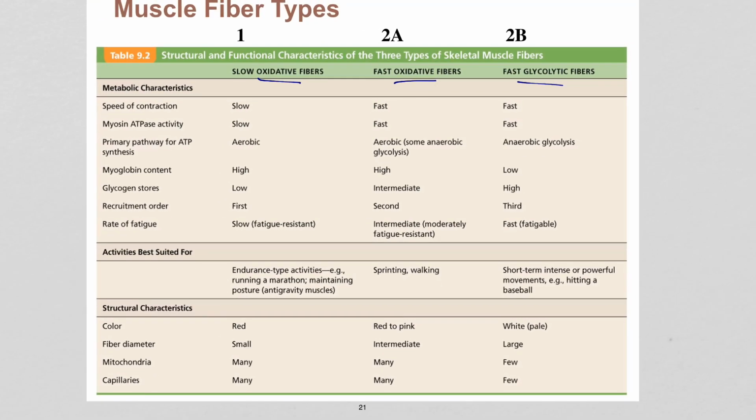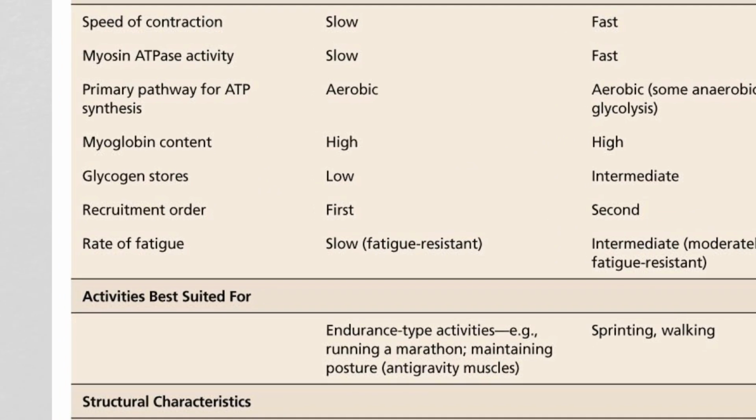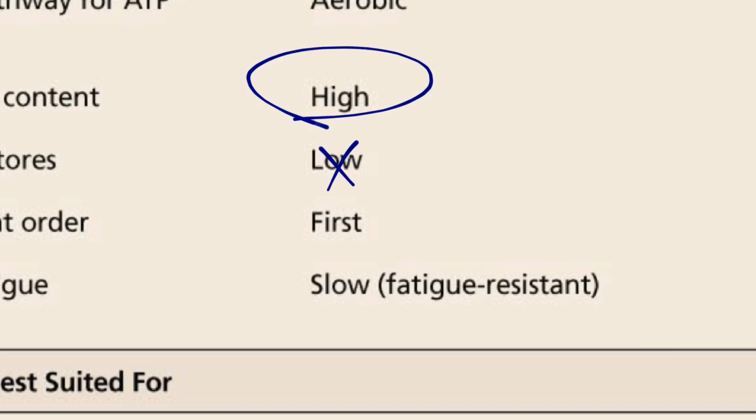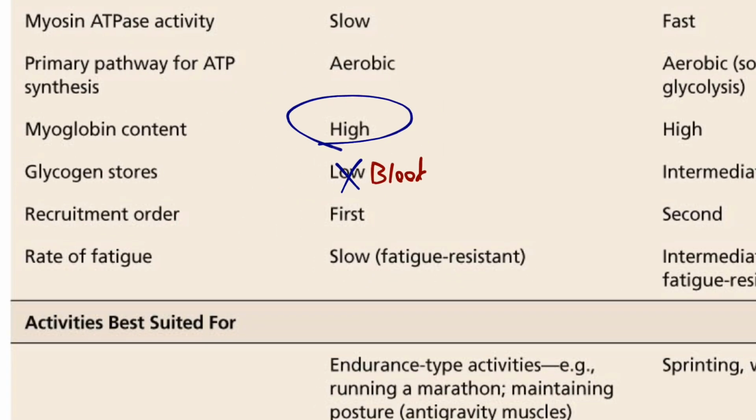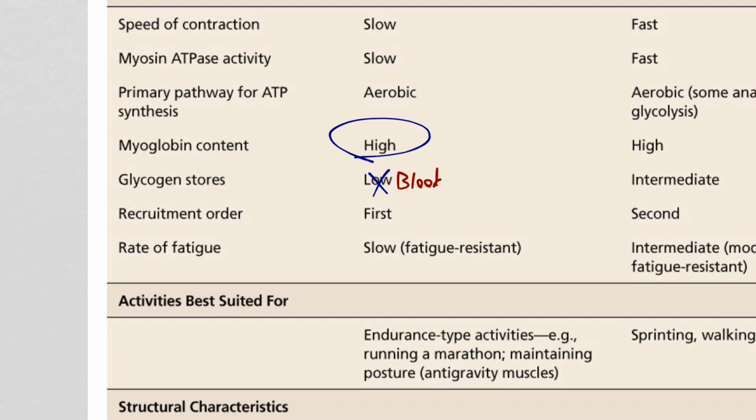Type 1 fibers are aerobic. They mostly use oxygen, which is why they have lots of myoglobin. They don't have much glycogen because they pull their nutrients almost exclusively from the blood, which works because that has to be done fairly slowly. And they're recruited first because they're efficient, right?